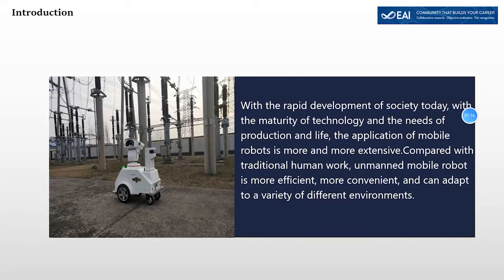With the rapid development of society today, with the multitude of technologies and the needs of production and life, the application of mobile robots is more and more extensive compared with traditional human work.